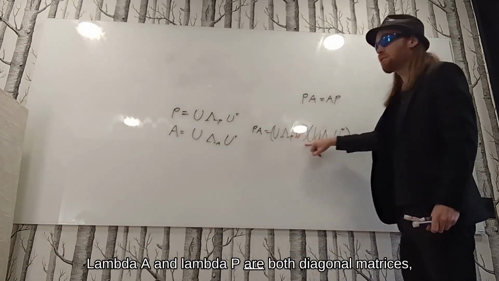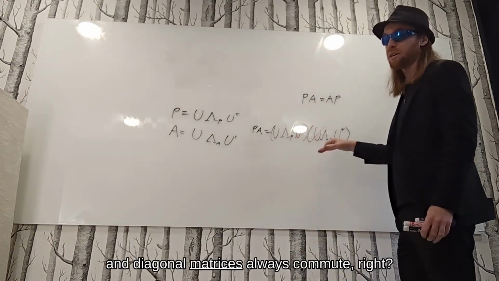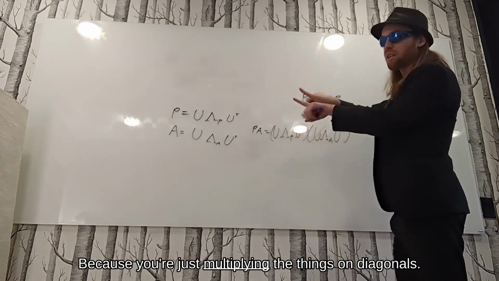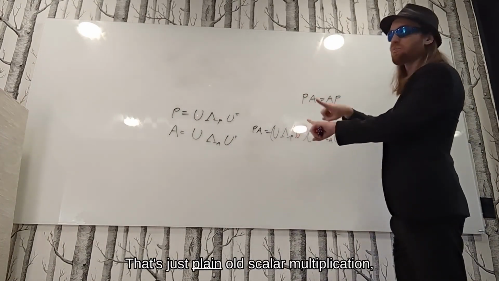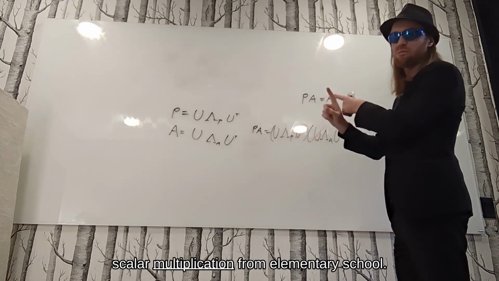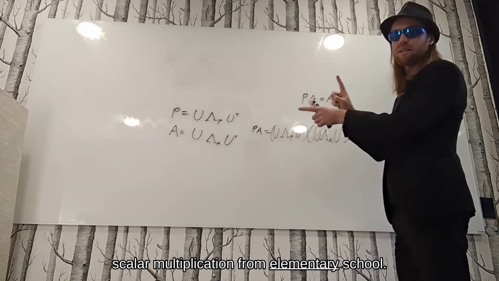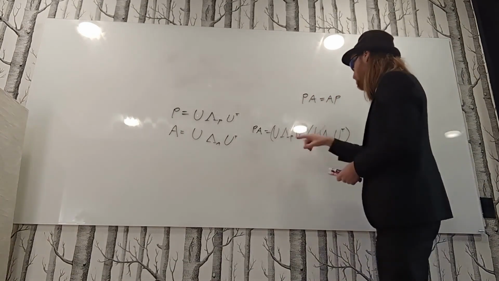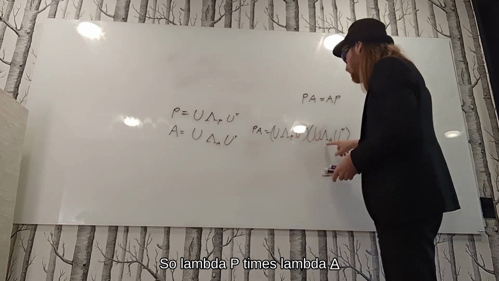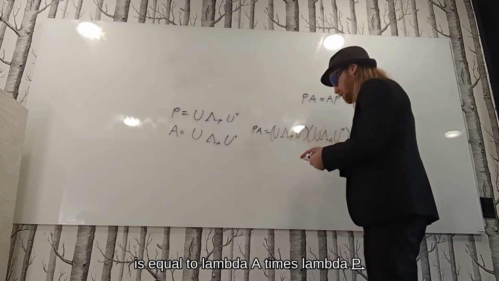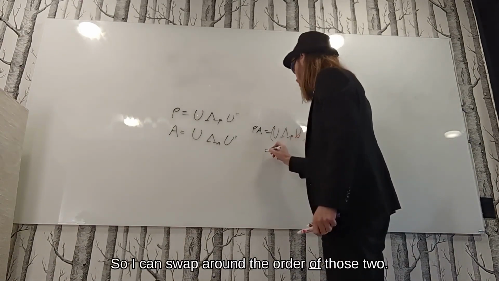Lambda_A and lambda_P are both diagonal matrices, and diagonal matrices always commute, right? Because you're just multiplying the things on diagonals. That's just plain old scalar multiplication, scalar multiplication from elementary school, we know that commutes. So lambda_P times lambda_A is equal to lambda_A times lambda_P. So I can swap around the order of those two.